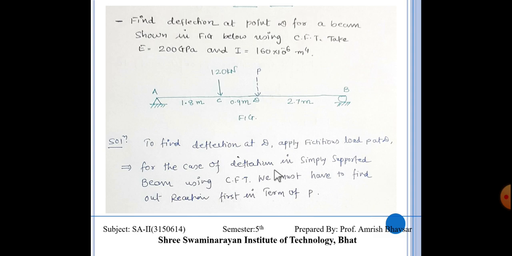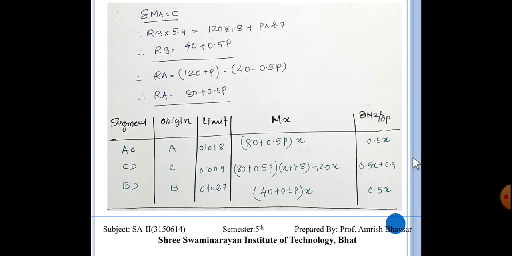Using Castigliano's first theorem, we must find the reactions in the form of P. So the reaction at A is 80 plus 0.5 P and at B is 40 plus 0.5 P. How can we find the deflection for the simply supported beam? The most important thing is that we have to find these reactions in the form of P. So now we have these two reactions.